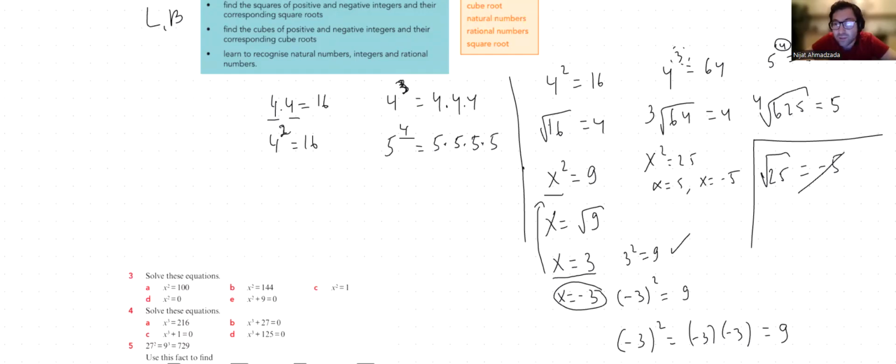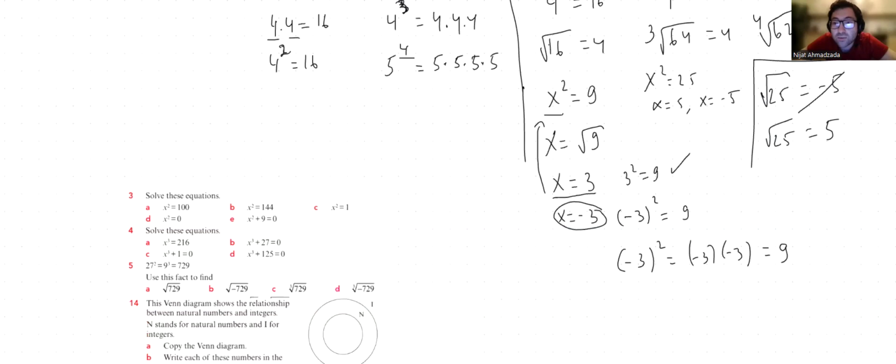The square root of 25 is only equal to 5. There is nothing else. Why? Because this is the way of this operation, okay? We always say that the number that comes out of the square root is always and always positive. This is a rule, okay?